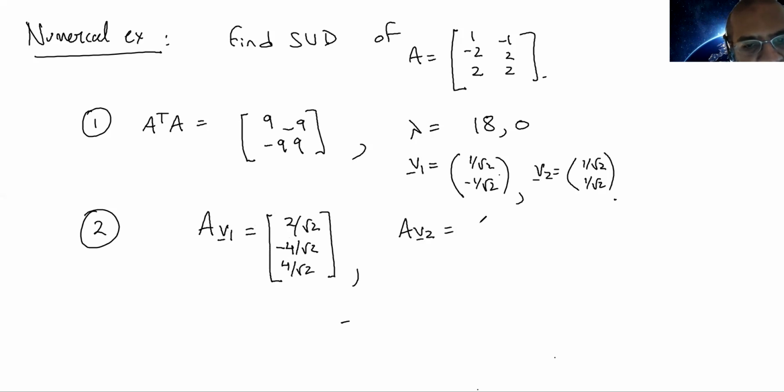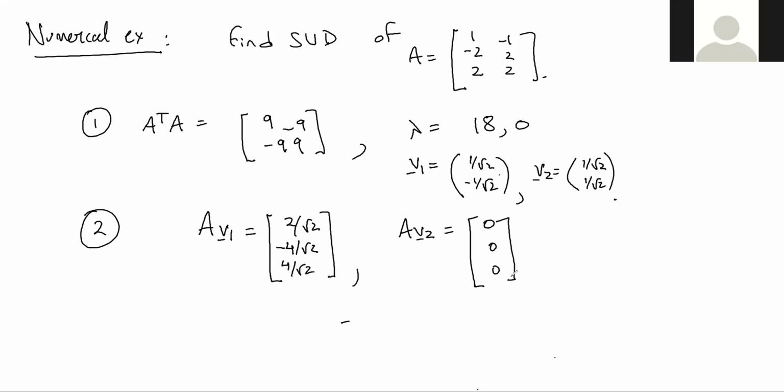A v2 is actually just the vector 0, 0, 0. Should I be surprised by that? Why is A v2 0? Because it's a 0 eigenvalue, right? 18 corresponds to this, and lambda equals 0 corresponds to this. So I should not be surprised.